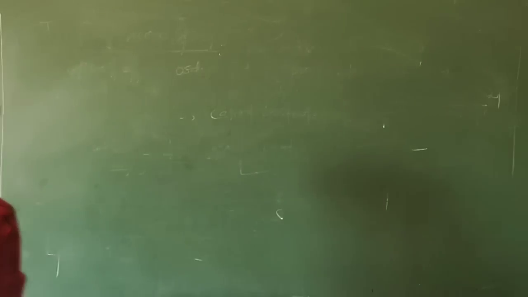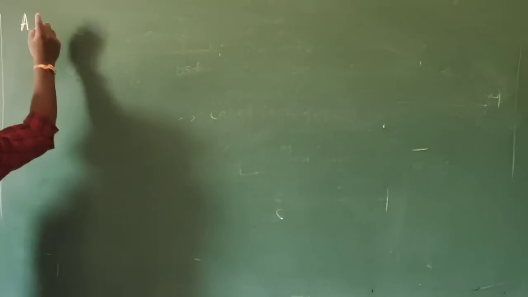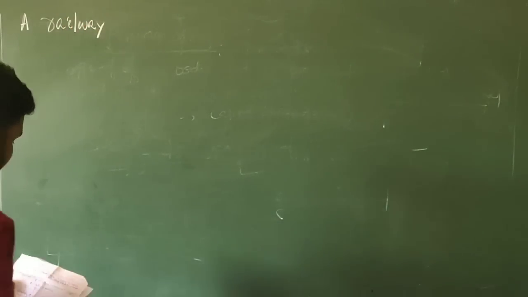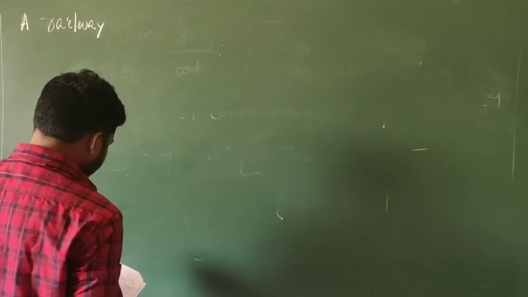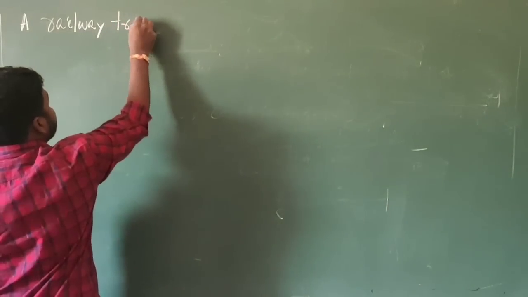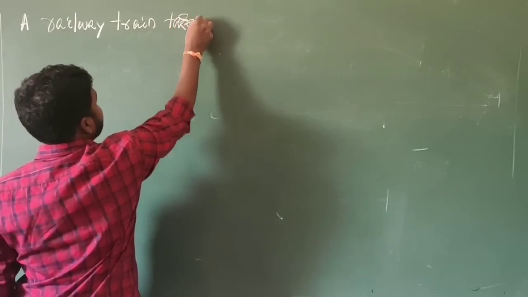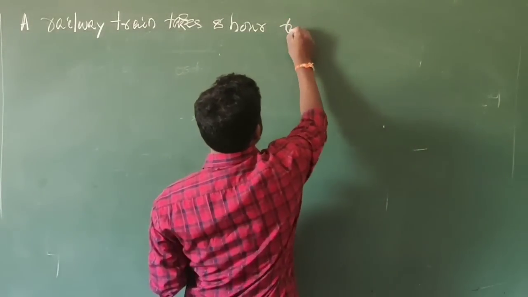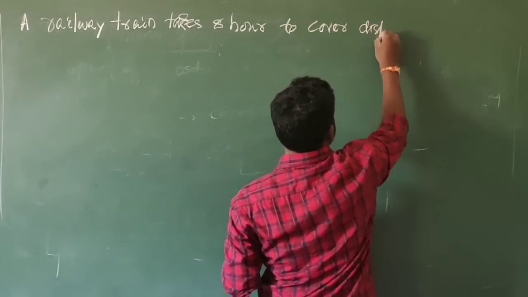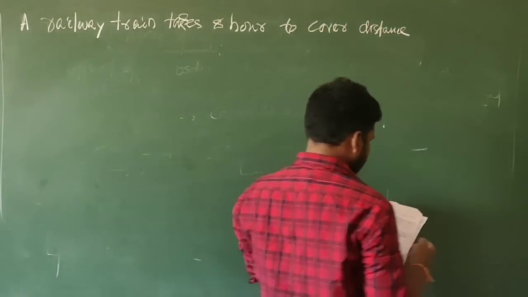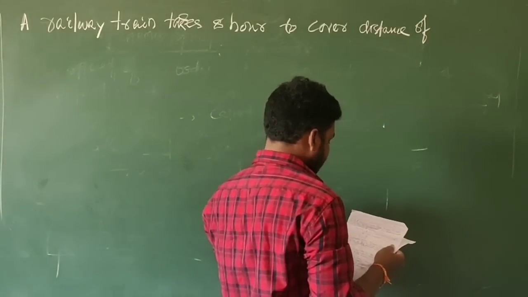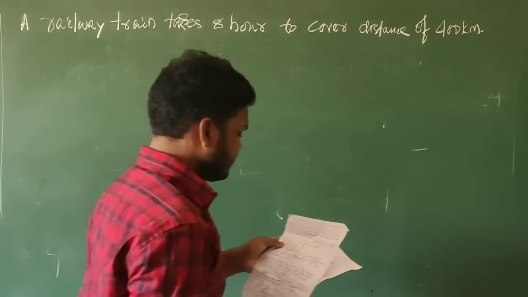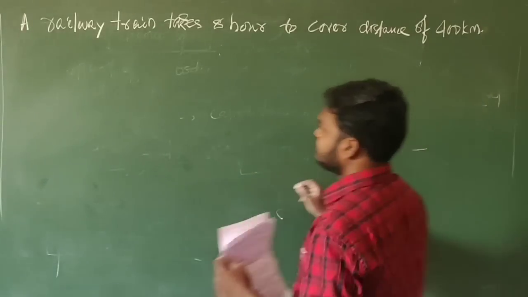First numerical: a railway train takes 8 hours to cover a distance of 400 kilometer between two stations.